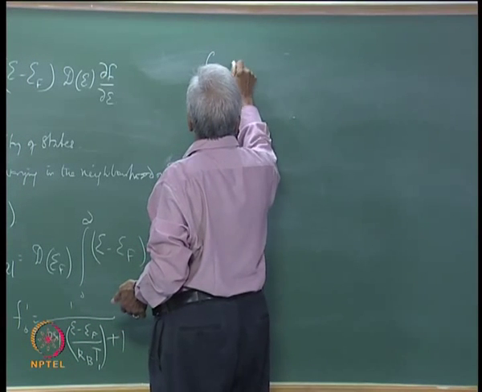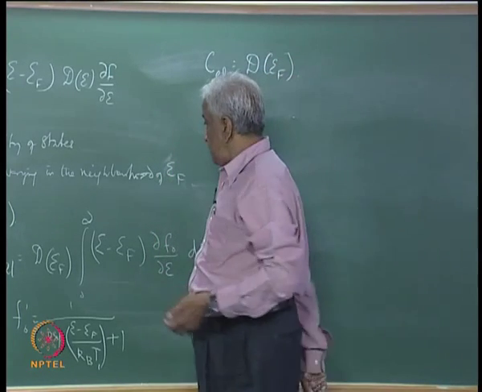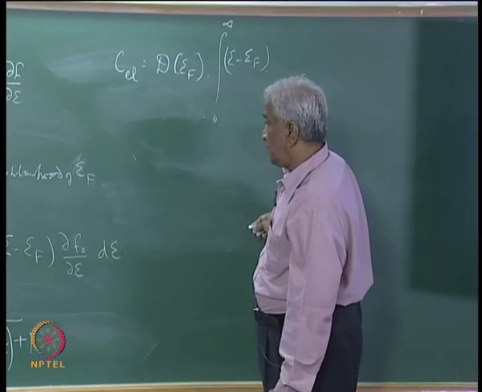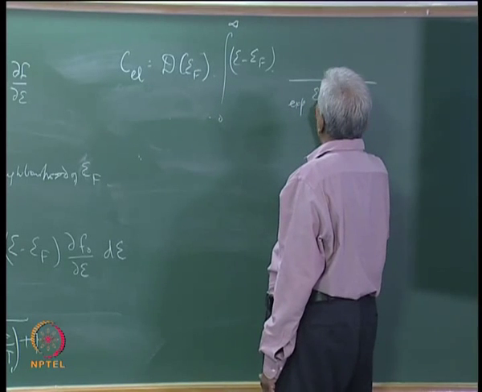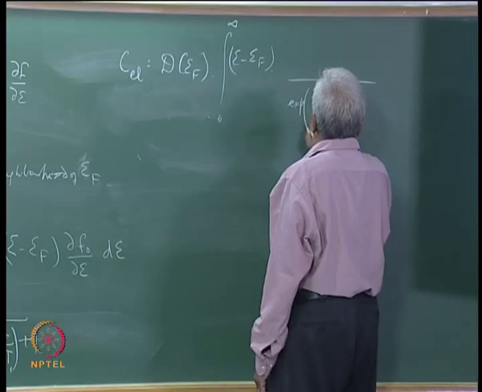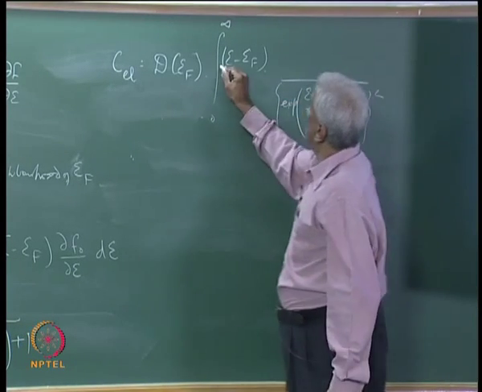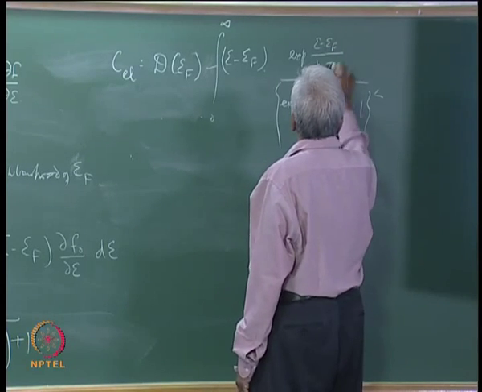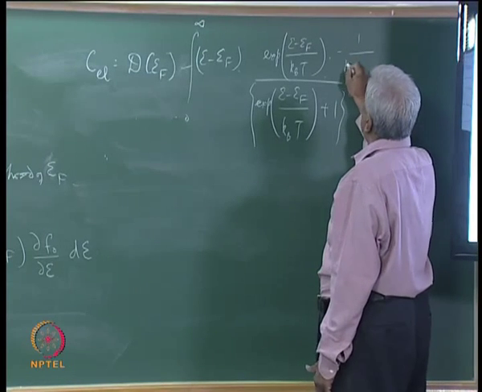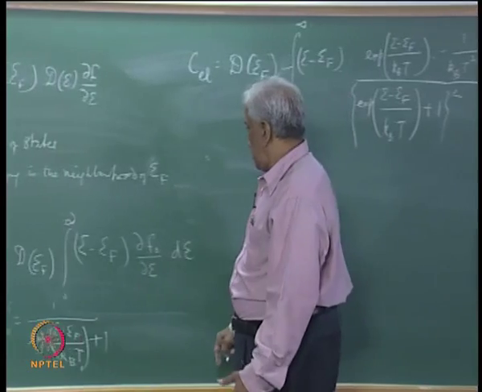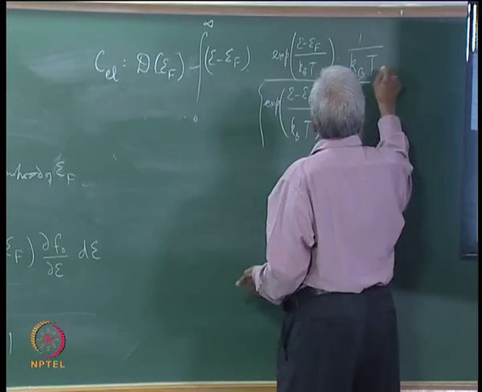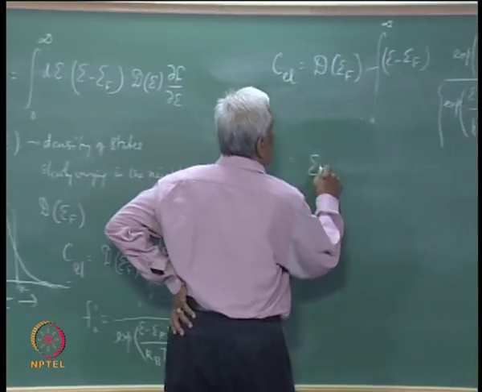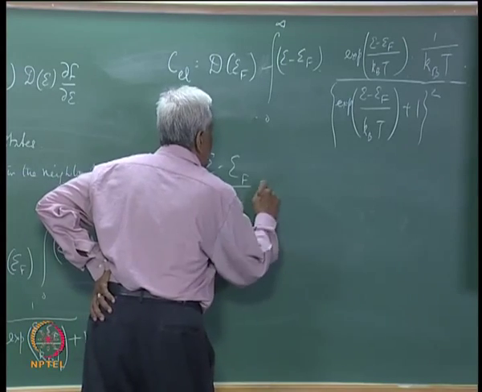We arrive at C electronic as D of E F times the integral from 0 to infinity of E minus E F times, on differentiating, exponential of E minus E F by k B T in the numerator over exponential of E minus E F by k B T plus 1, squared, with a negative sign, and then minus 1 by k B T squared from the differentiation of 1 by k B T. So that would give you the electronic heat capacity coefficient, and plugging all this in, let us make a substitution: E minus E F by k B T equal to x.